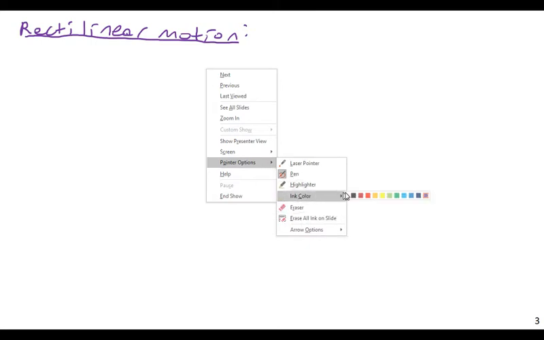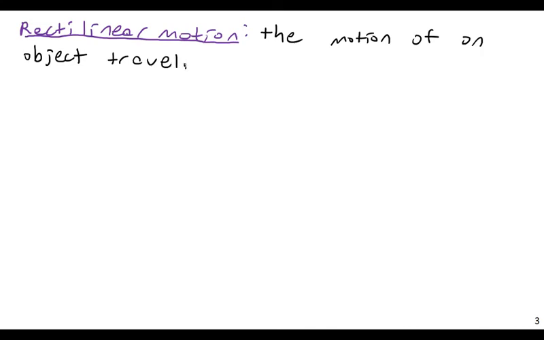So rectilinear motion is the motion of an object traveling in a straight line. This can mean a few things, but it does not have to have a constant velocity.